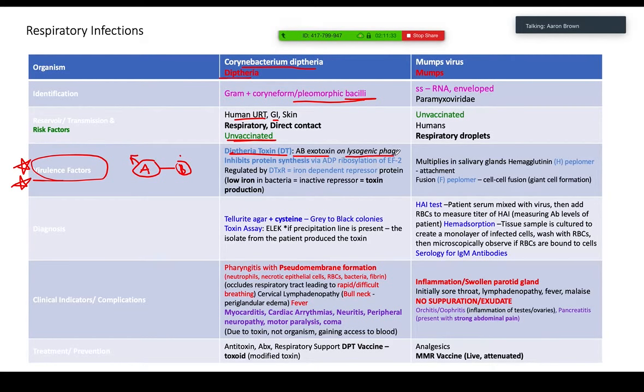On a lysogenic phage. Lysogenic phage means that, in terms of bacterial DNA, without getting too much into the weeds here, all bacterial DNA is going to be on a single circular string of DNA. Okay, this is unlike human DNA, where it's a long chain, not a circle.